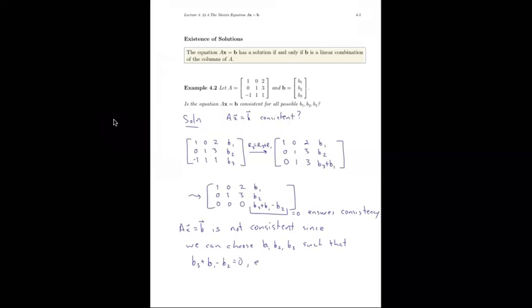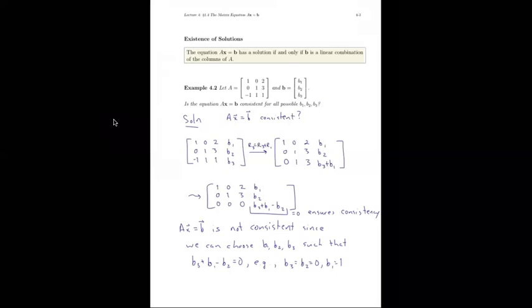And there are infinitely many choices that would work here, but I'll just demonstrate one random decision we can make, and that would be B3 equals B2 equals 0, and B1 is equal to 1.